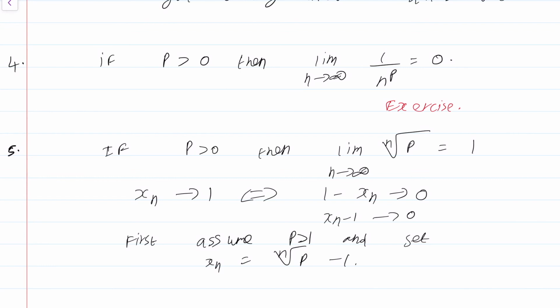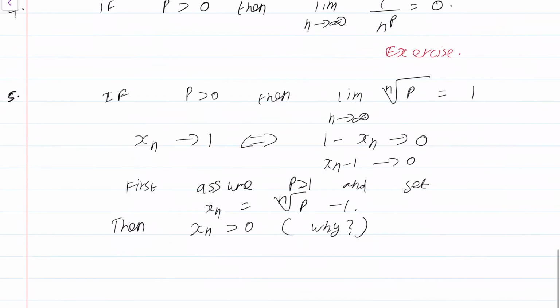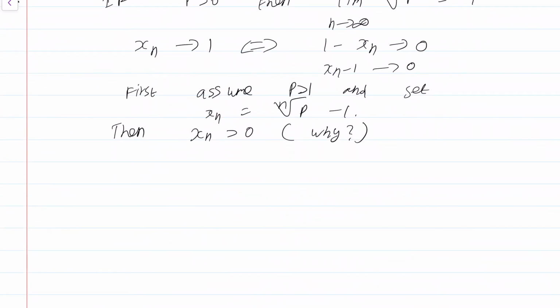Then xn is greater than 0. Why? Please think about why this is true. Now I want to show that this quantity xn converges to 0, right? Now what do I do?